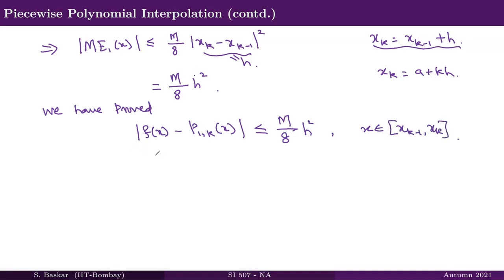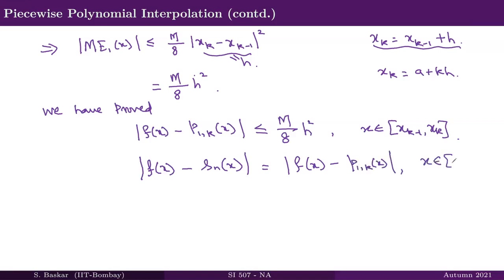Now, we can use this to see that mod f of x minus Sn of x will be equal to mod f of x minus p1k of x, where x belongs to [xk-1, xk] for some k, right? You give me any x in the interval [a,b], I can always find a k such that x belongs to [xk-1, xk].